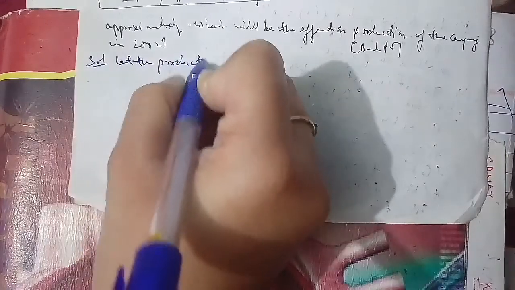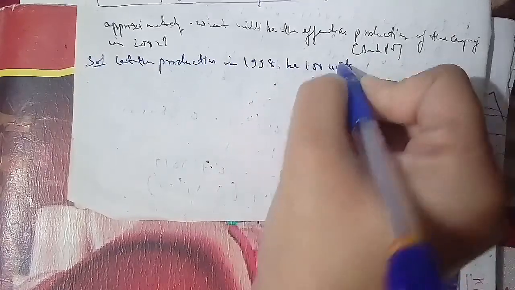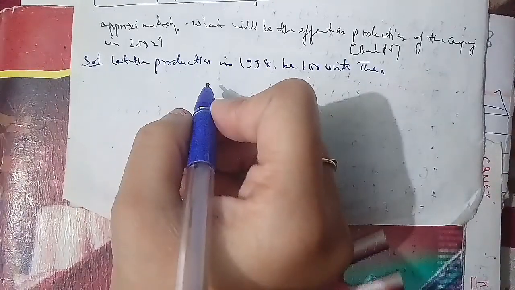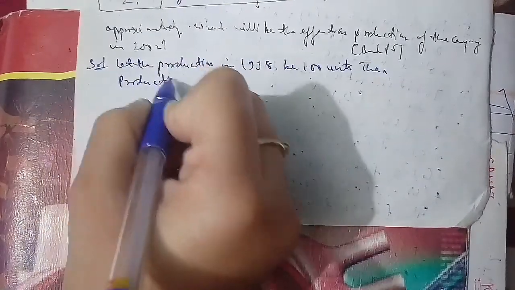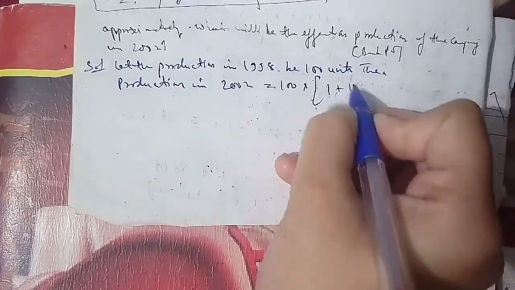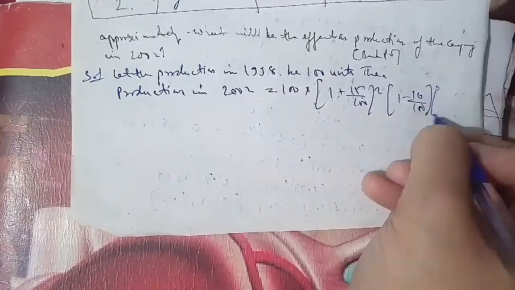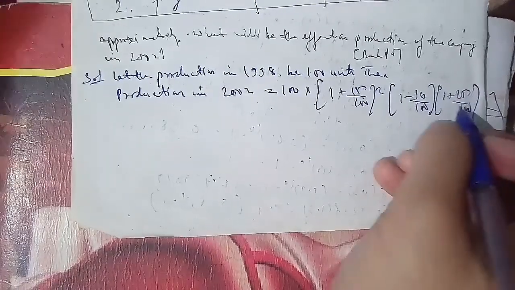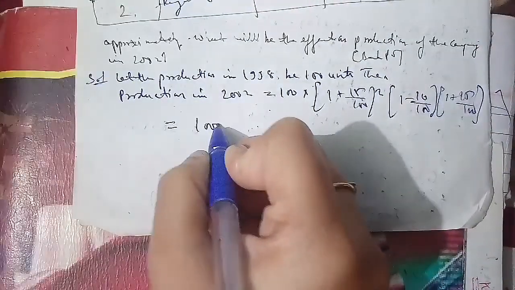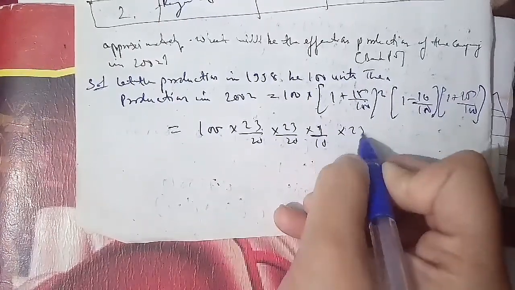So let the production in 1998 be 100 units, then production in 2002 is 100 into (1 plus 15 upon 100) square, (1 minus 10 upon 100), (1 plus 15 upon 100), which equals 100 into 23 upon 20 into 23 upon 20 into 9 upon 10 into 23 upon 20.